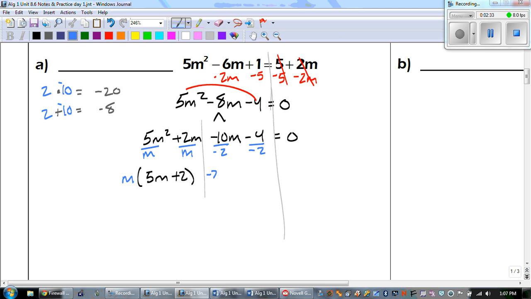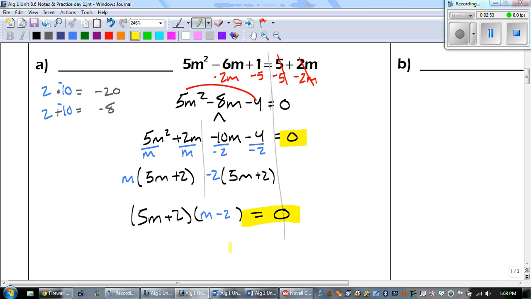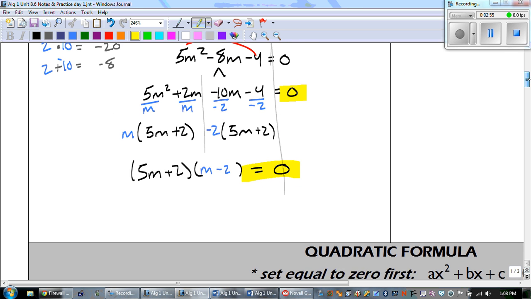So the -2 comes out front, and I'm left with 5m plus 2. And just like we wanted, we're left with 5m plus 2 in both groups. And then our other binomial is m minus 2. And remember that that's set equal to 0. Don't do all that work and forget that we're solving.